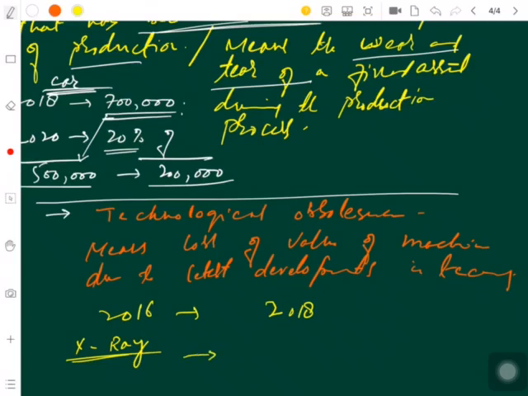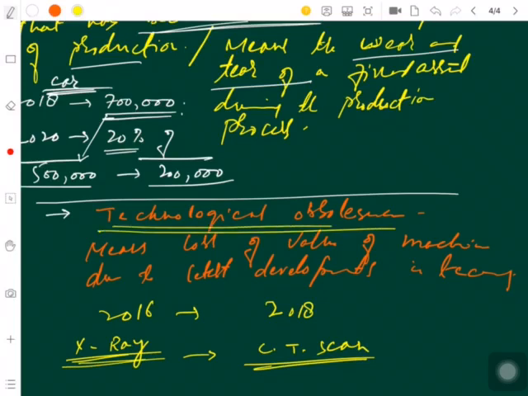Then CT scans came into being. So CT scan is a much advanced and technologically much improved machine to see what is happening inside the body, and X-ray is something obsolete in front of it. So this is called technological obsolescence. It also has an effect. It also adds into depreciation. That is why I took this thing into consideration here.